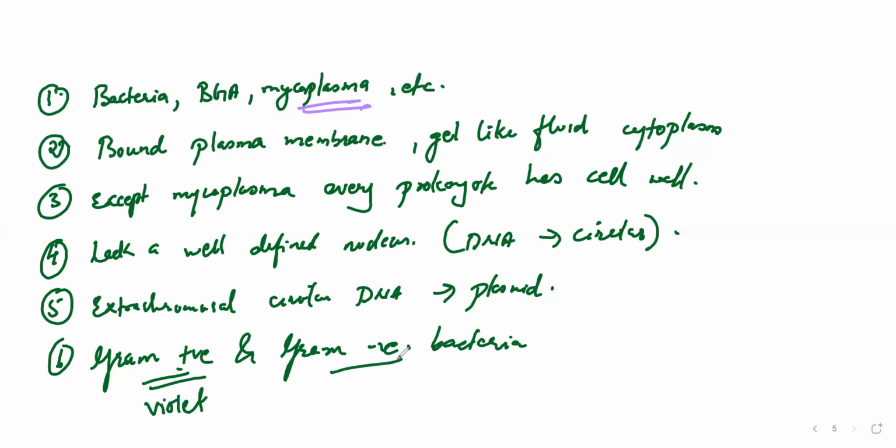But if they are in pink color, we say it's gram negative. So depending upon the cell envelope taking which type of stain, we have gram negative and gram positive bacteria. The cell envelope or cell wall is a very important part of the prokaryotic cell.